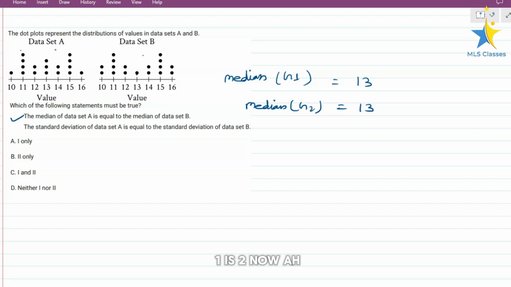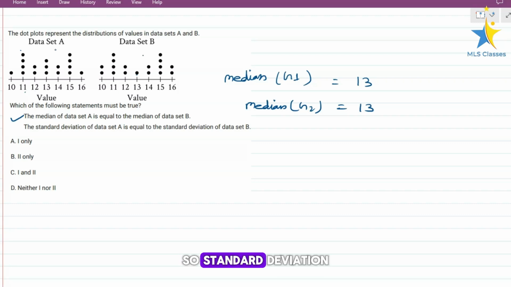Now it says that dataset A and dataset B have the same frequency for each of the values 11, 12, 14 and 15. As you can see, 11, 12, 14 and 15. Here also 11, 12, 14 and 15. They are the same. And dataset A has frequency 1 for values of 10 and 16, whereas dataset B has 2 for 10 and 16.